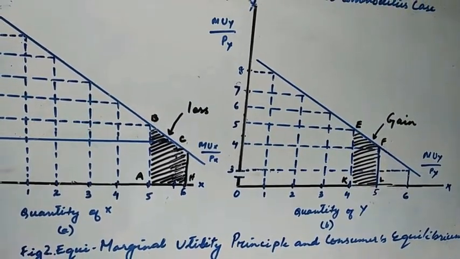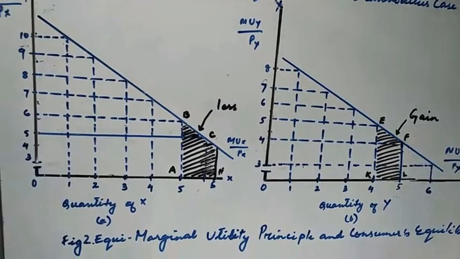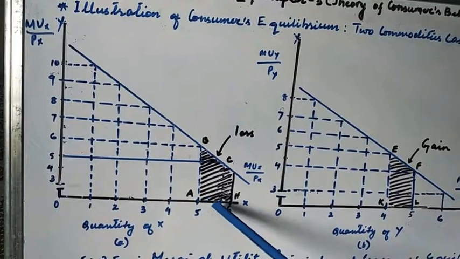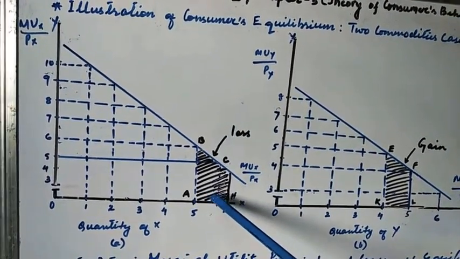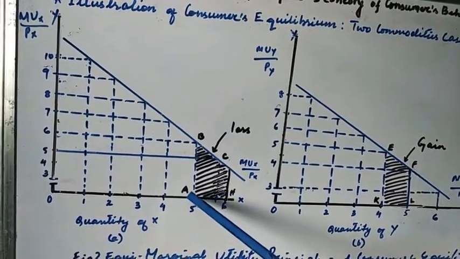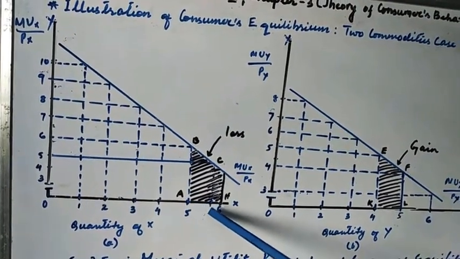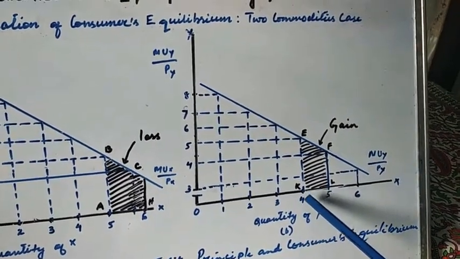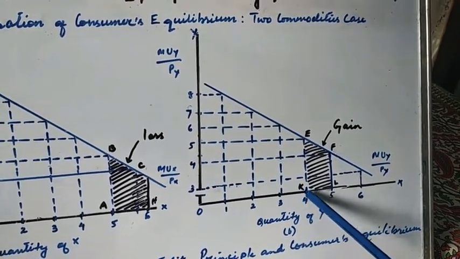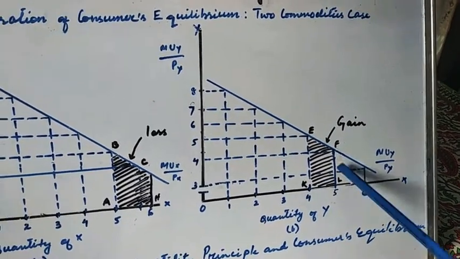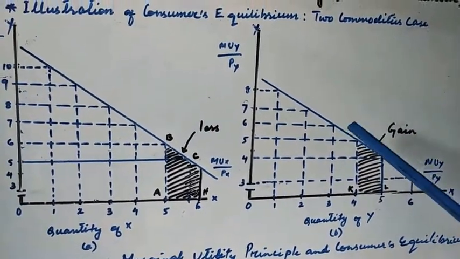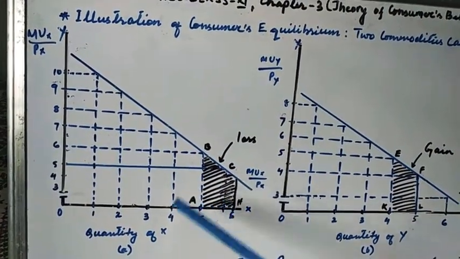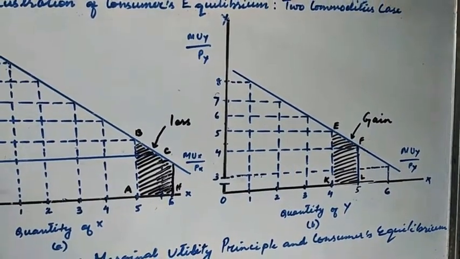The consumer buys 1 unit less of good X. Let us say he is buying 5 units, that is 1 unit less than the equilibrium position. So 5 units of good X, and 1 more unit of good Y. From 4 units he is buying 1 more unit of good Y. So this is the condition that we have to explain: a consumer is taking 1 less unit of good X and 1 more unit of good Y.